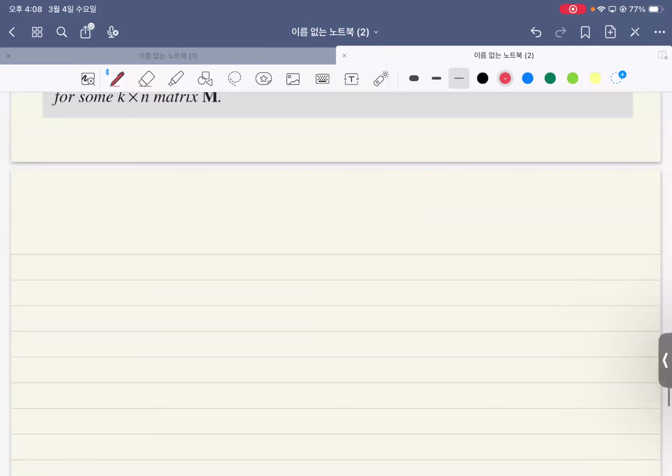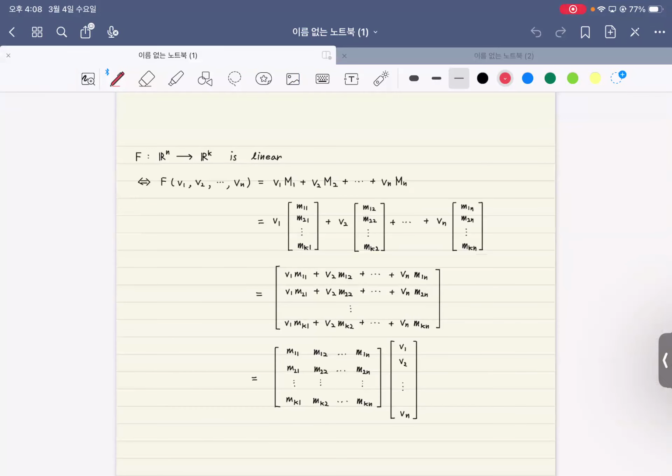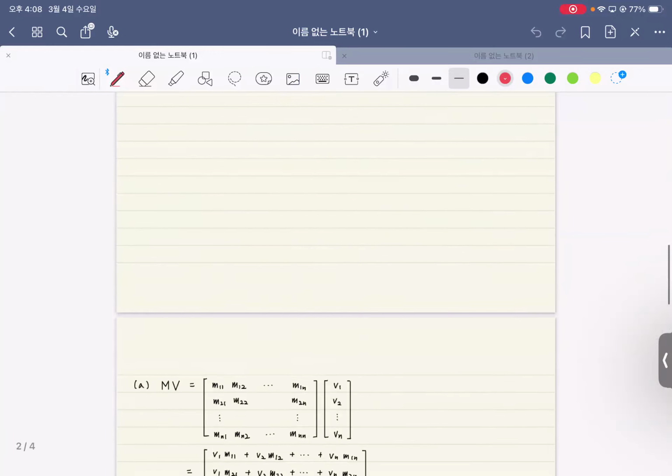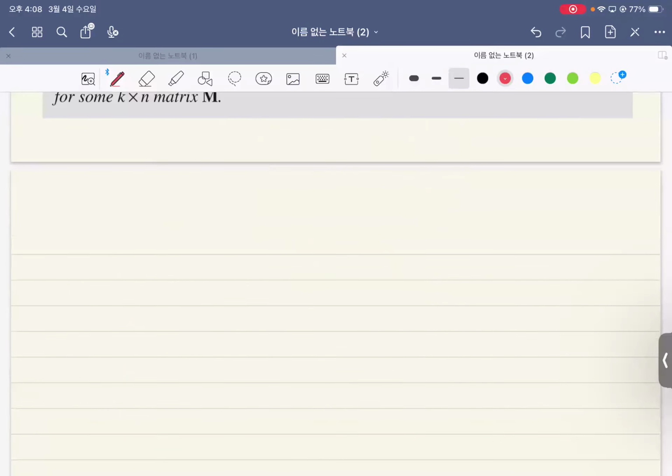Let me talk just a little bit more on the matrix. The identity matrix. What is an identity matrix? An identity matrix is a square matrix.